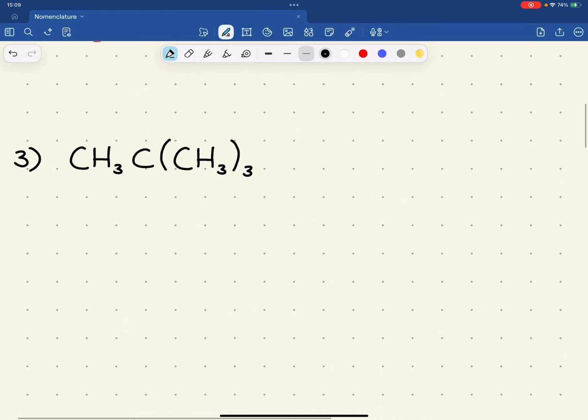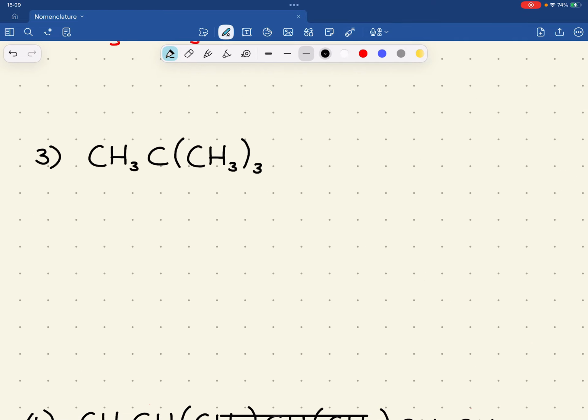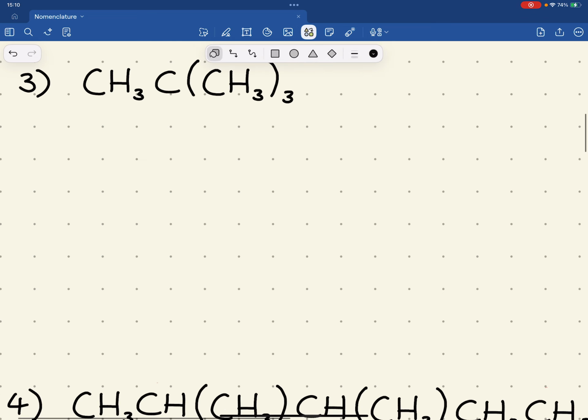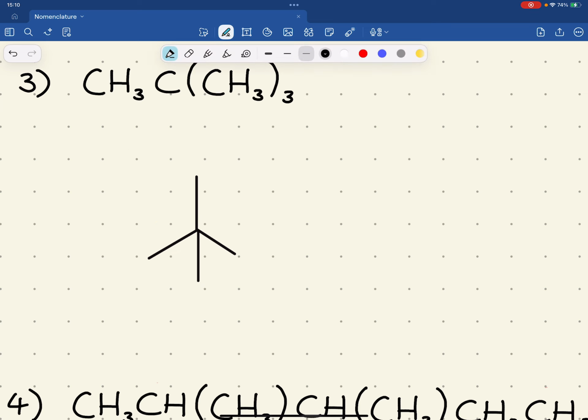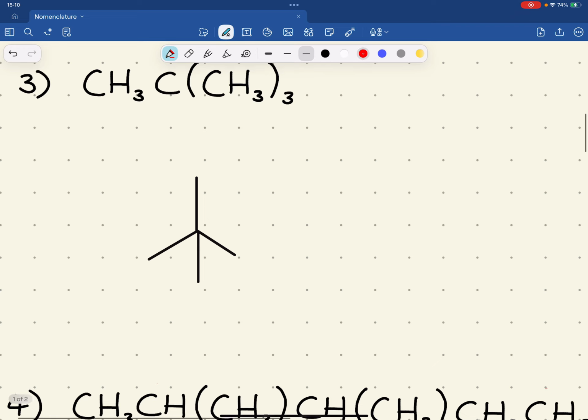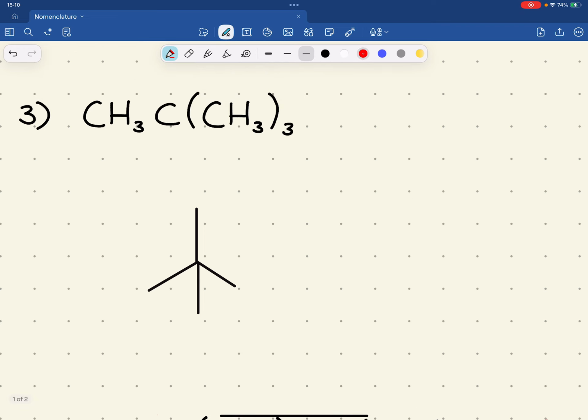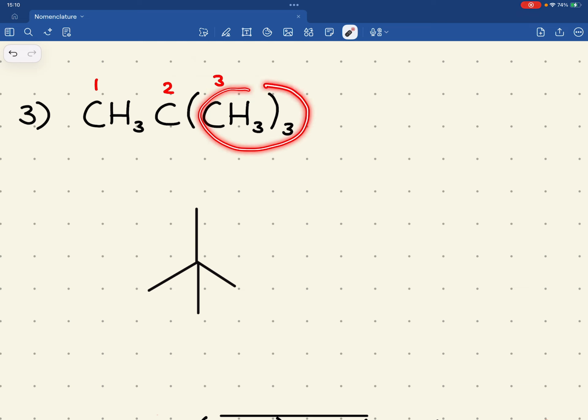Now we've got another branched alkane. Again, I'll draw this as a skeletal formula. That's what it would look like as a skeletal formula. So again, I need to number it: 1, 2, and actually one of these CH3 groups here in the brackets is part of the longest chain.